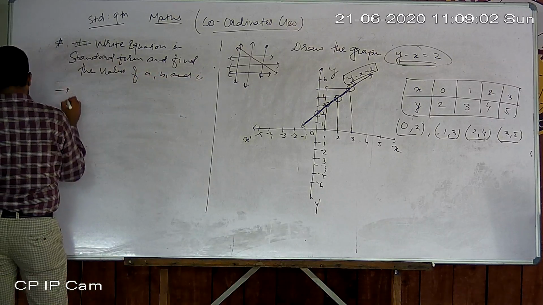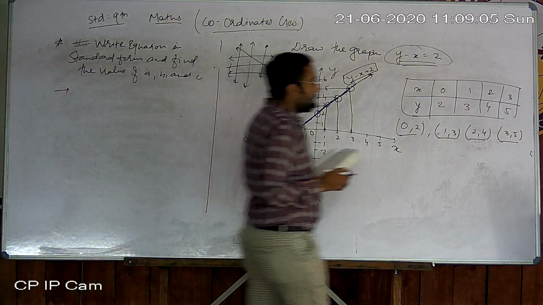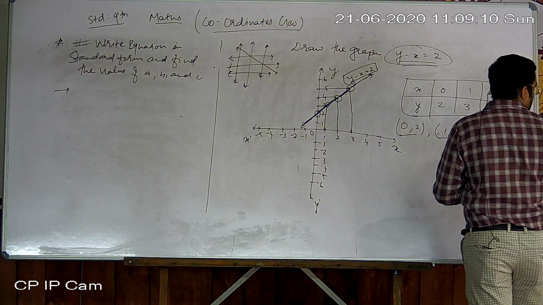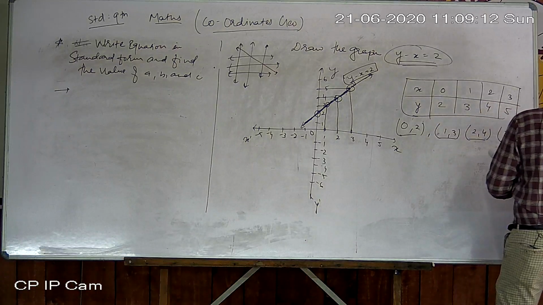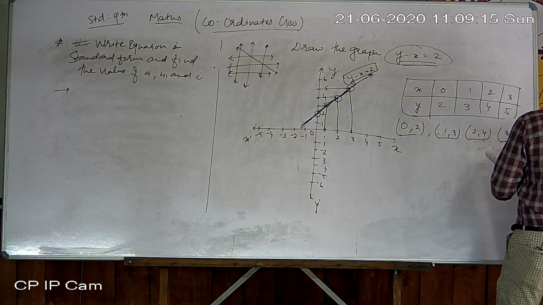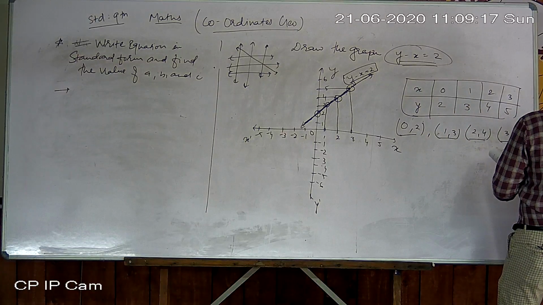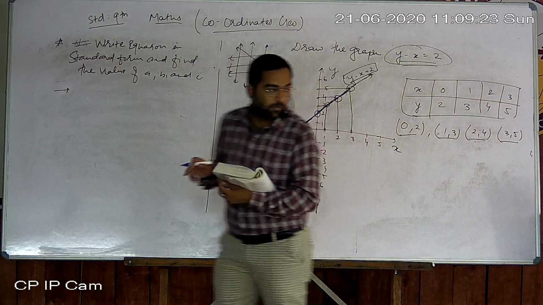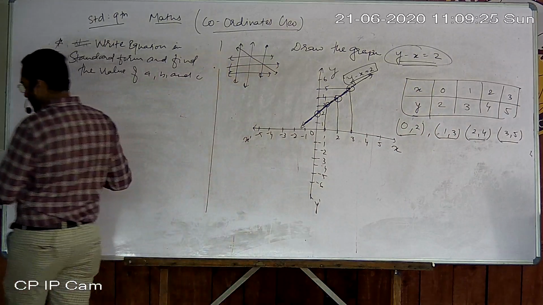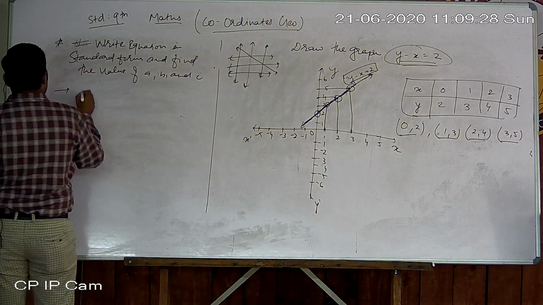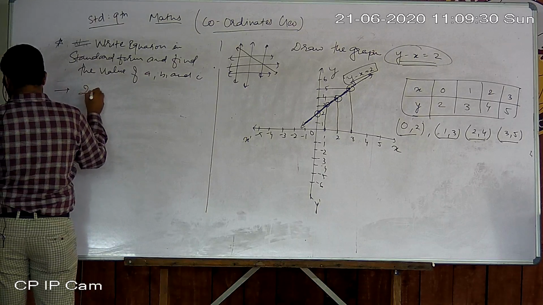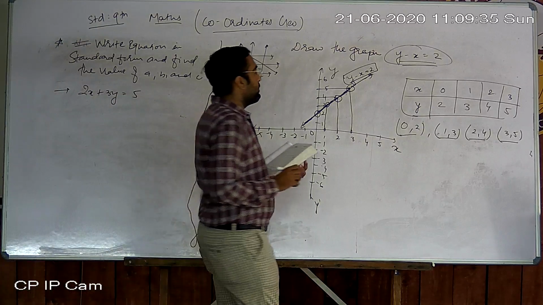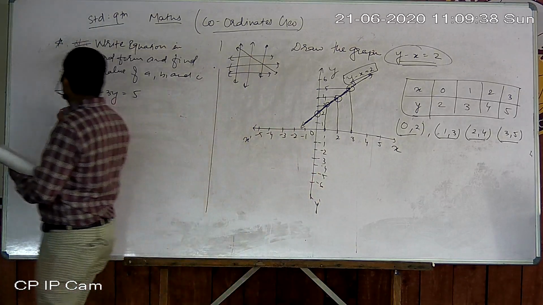Okay, so your questions are: first, 2x plus 3y equal to 5.